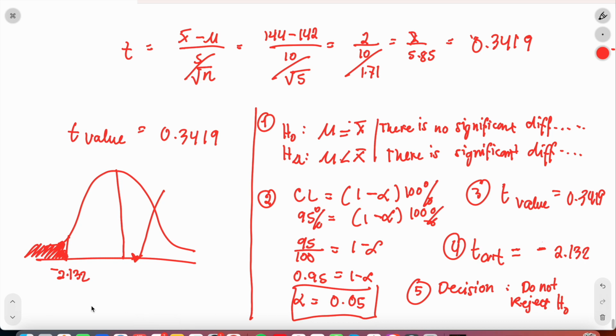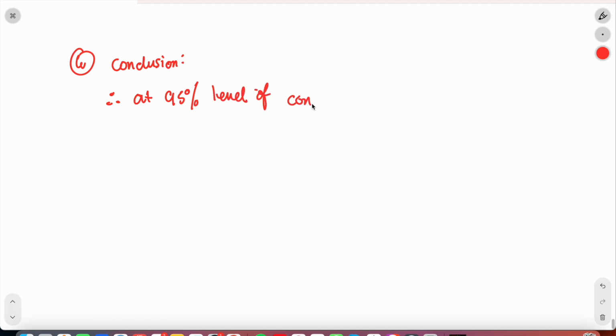So for number 6, the conclusion. We could say, therefore, at 95% level of confidence, the null hypothesis is not rejected.